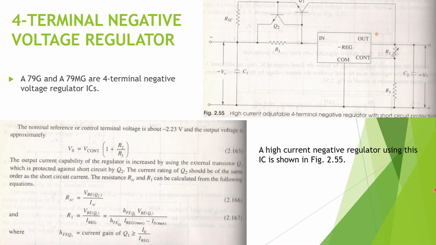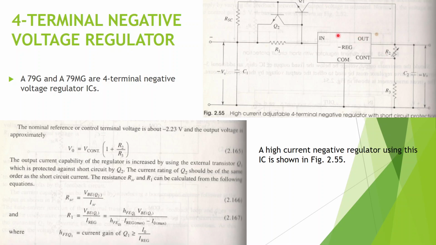Now the 4-terminal negative regulator. This 4-terminal negative regulator is just the complementary of the 4-terminal positive voltage regulator. So μA79G and μA79MG are examples of 4-terminal negative voltage regulators. This circuit shows a high current negative regulator using these ICs.